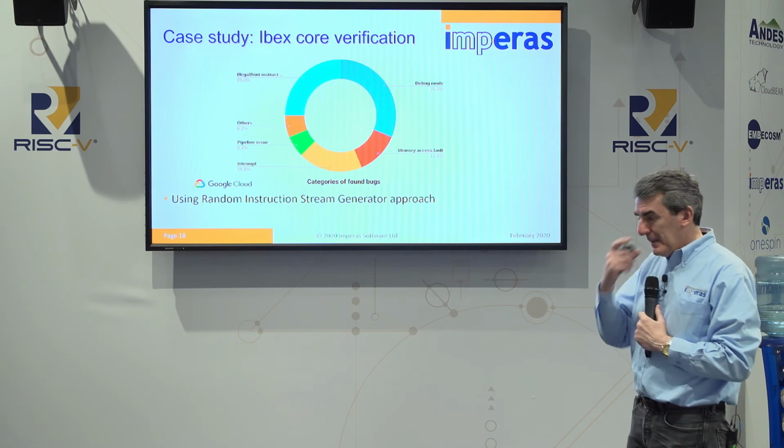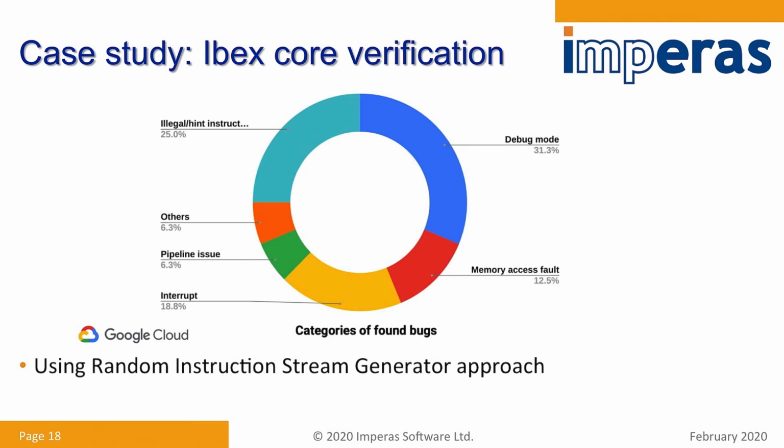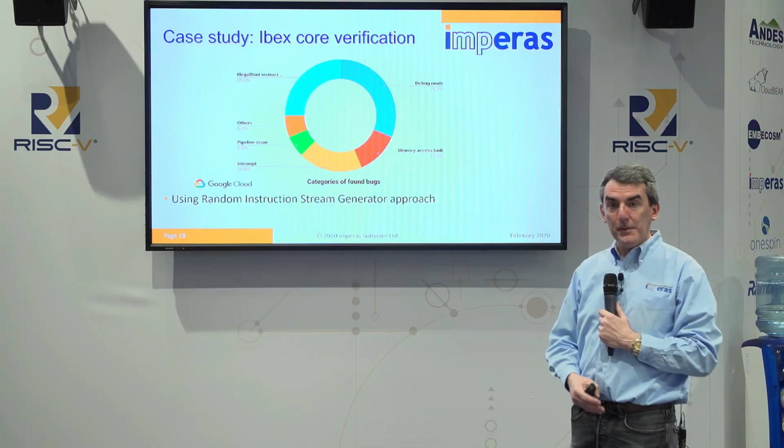So this was the experiment using the Google instruction stream generator, classifying the bugs that were found. So interestingly, a number of the bugs are actually in the debug mode. The whole point of debug mode is to help you debug the software on the final silicon when you get your prototype back. So it would be a pretty shame if there was a bug that was in your debug mode that actually prevented your chip functioning when you wanted to debug your software. So why not test that before you tape out?